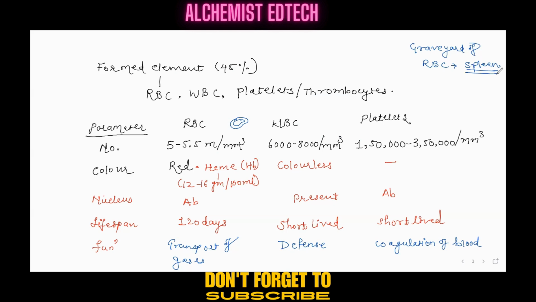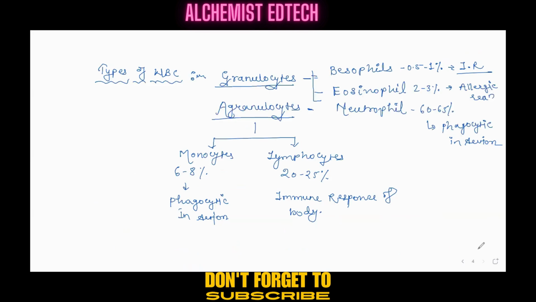The spleen is the graveyard of RBCs, right? Next, coming to the WBC. Basophil basically secretes chemicals like heparin, histamine, and serotonin. These chemicals are secreted by basophil.